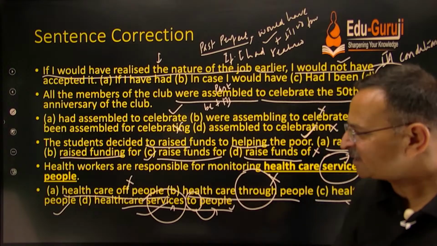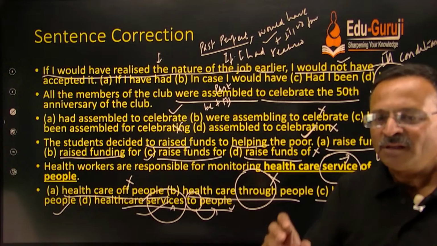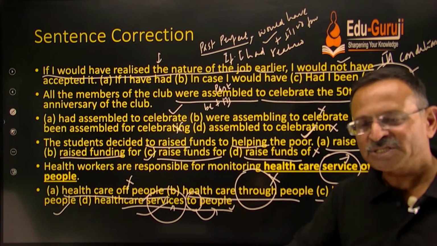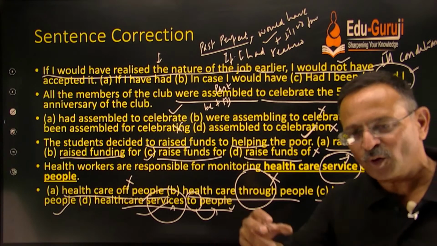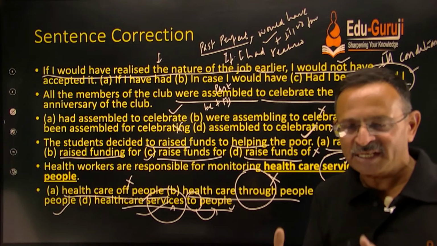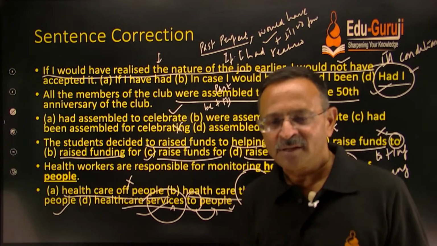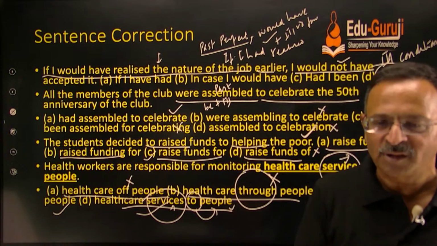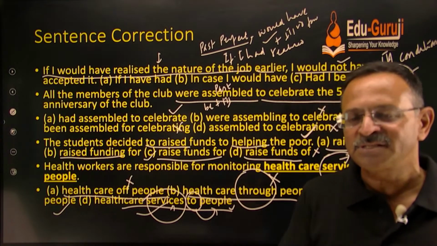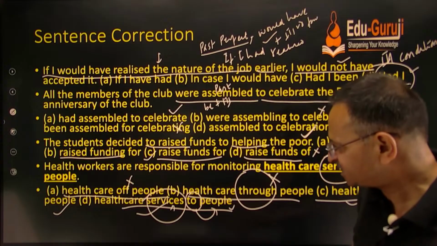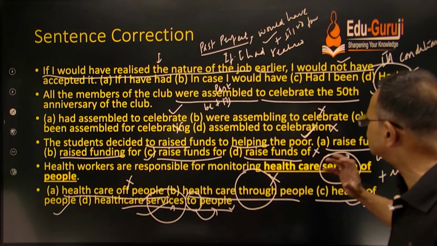I hope it is clear. So the difference between health services to people and health services of people: in one case, health services of people means you are monitoring the health of people, and in the second case, services providing to people, that is you're giving the services to the people.